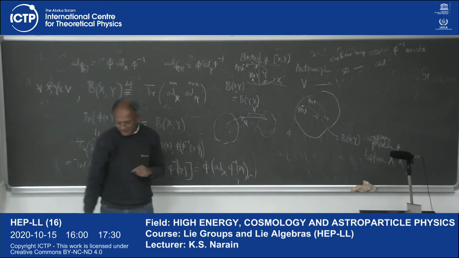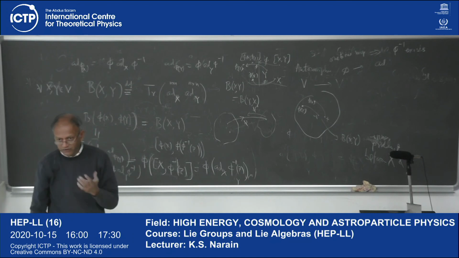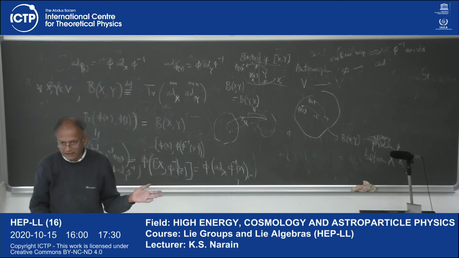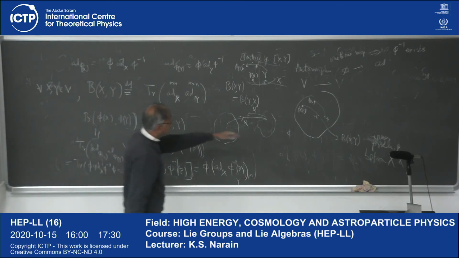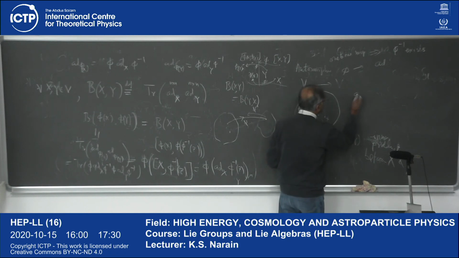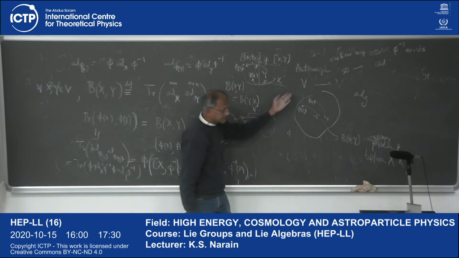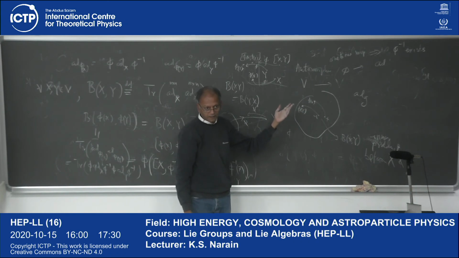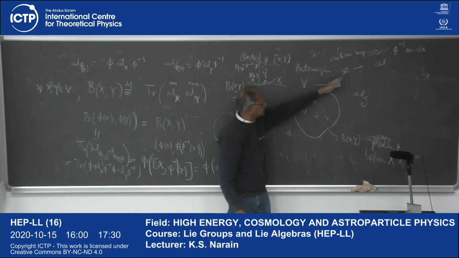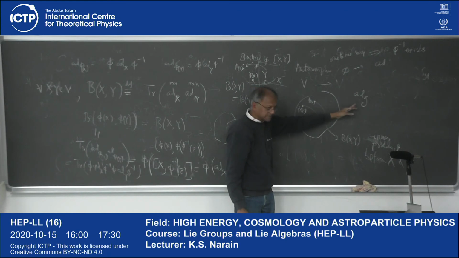This is a very important property, and that is the reason why we use this. We want this kind of a property for whatever metric we define. It should satisfy some property like that. Because in particular, ad G, at the group level, is an example of an automorphism. But here I'm talking about a completely general automorphism, which may not be ad G only.